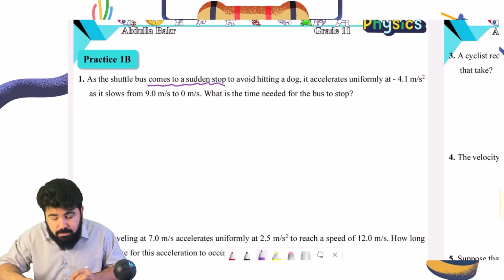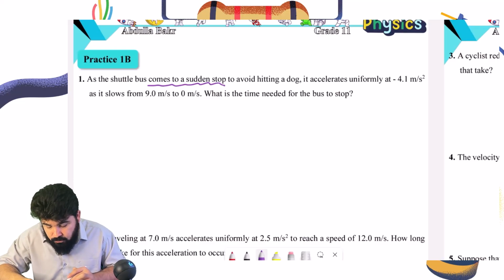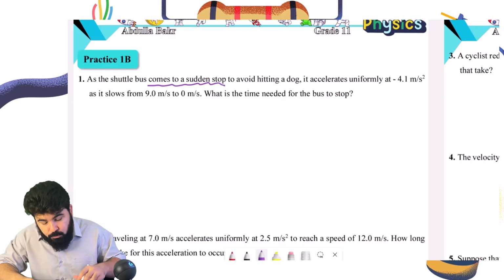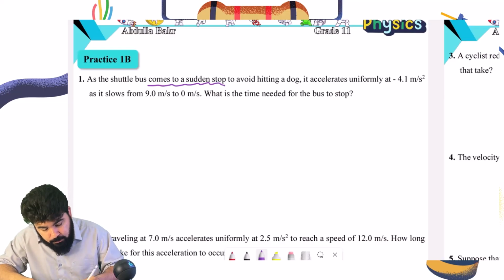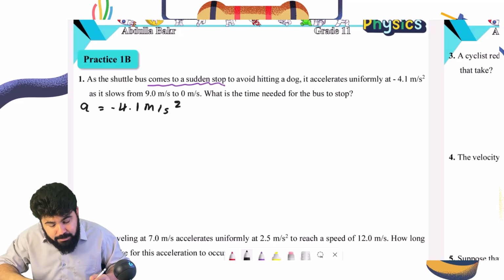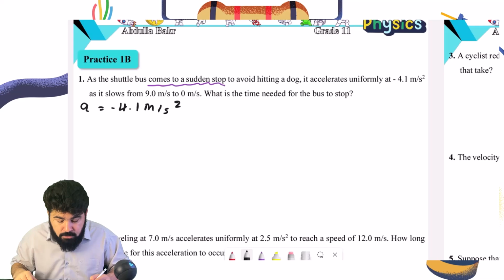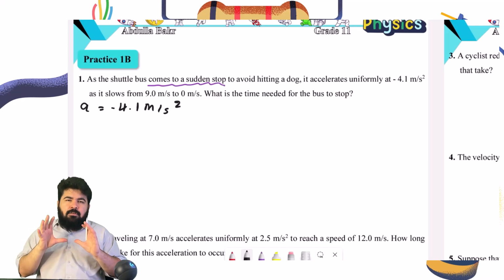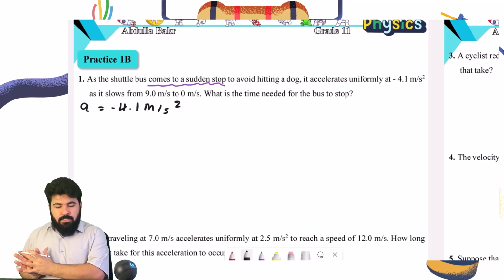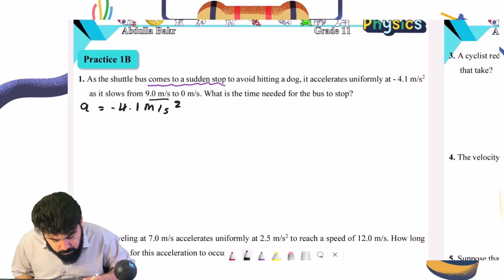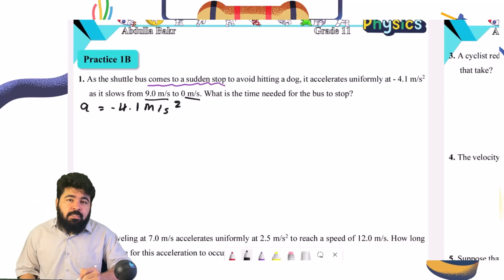As the shuttle bus comes to a sudden stop to avoid hitting a dock, it accelerates uniformly at negative 4.1 meter per second squared. So we have acceleration equal to negative 4.1 meter per second squared, as it slows down from 9 meter per second to 0 meter per second. Look at from and to: from 9 to 0 meter per second.